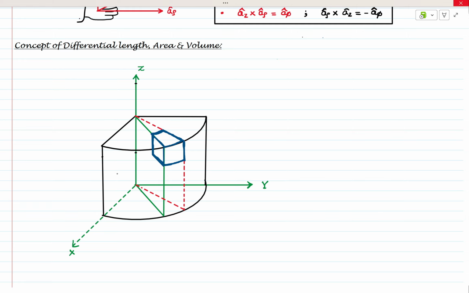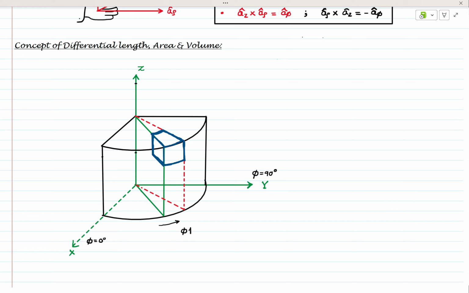As you know, in the cylindrical coordinate system, this position is phi equal to 0 degrees, and this is phi equal to 90 degrees. That means phi is increasing from this direction to this direction, from x to y.